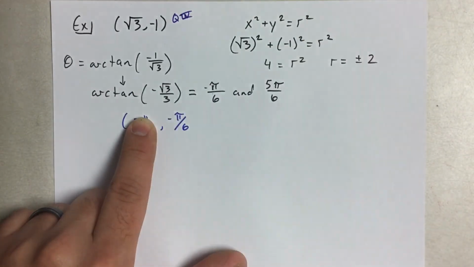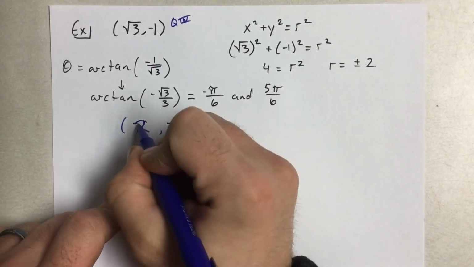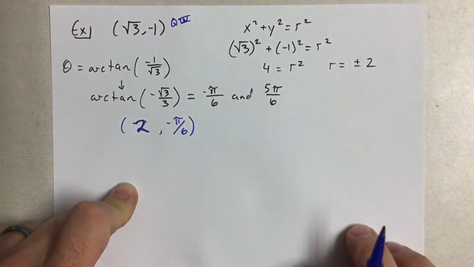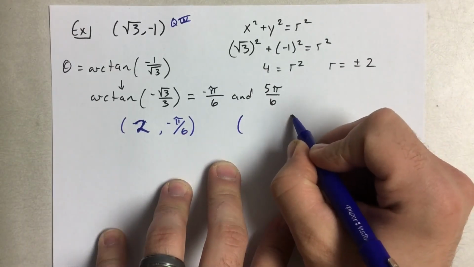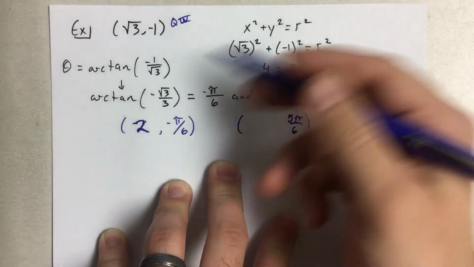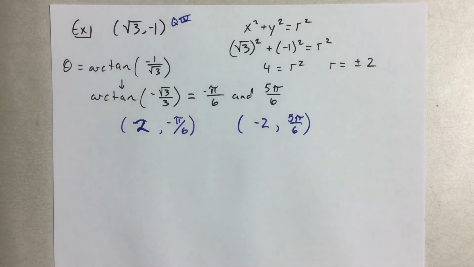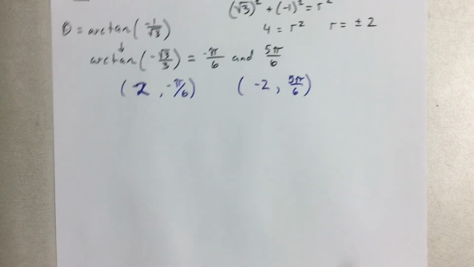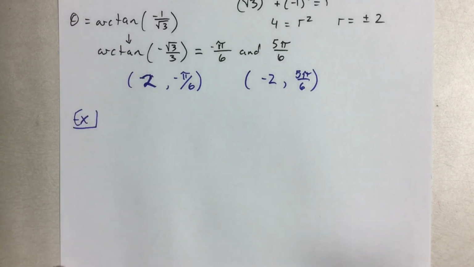Negative pi over 6 is in quadrant 4, so I need a positive radius. That was easy enough. Easy fix. Okay, there we go. And then if I have 5 pi over 6, that's in quadrant 2, so using our negative radius will get us to quadrant 4. Bam, done.